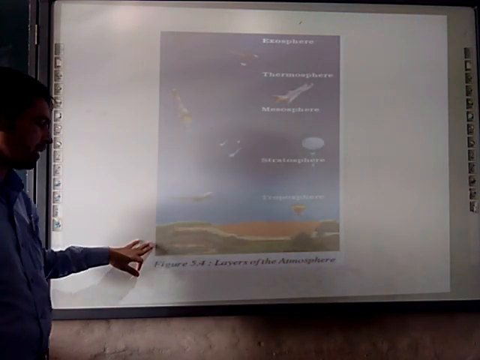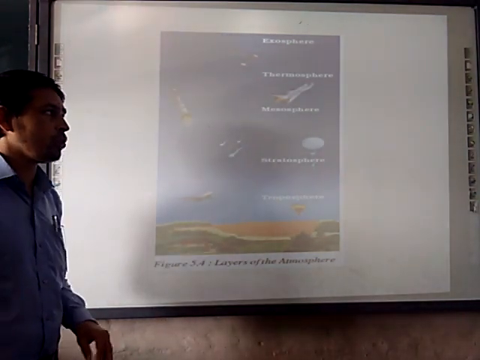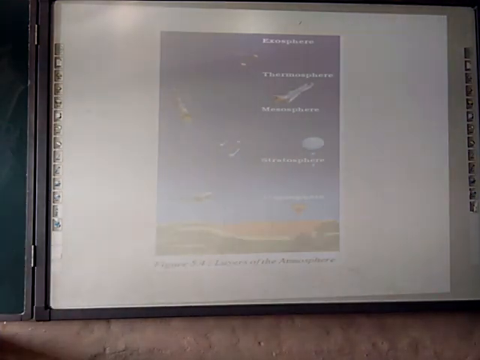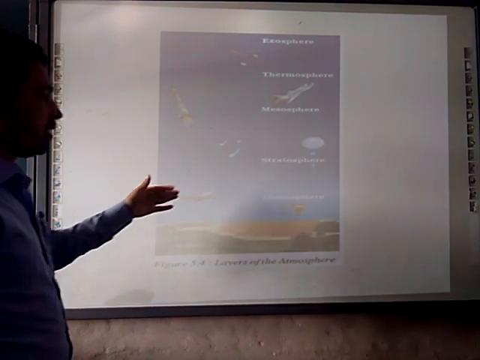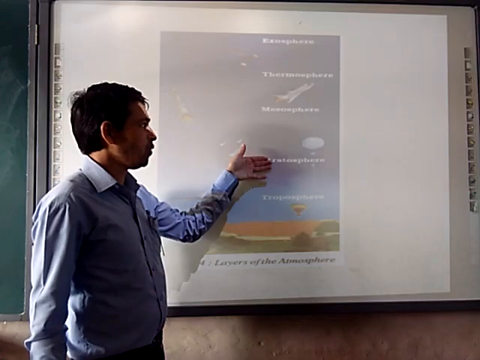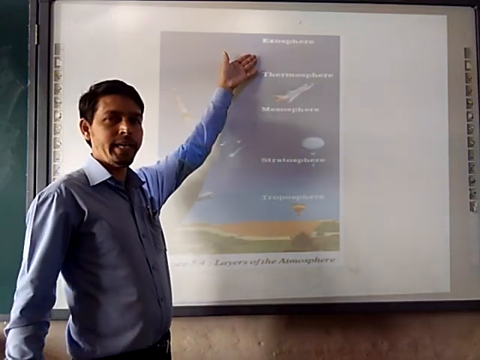In this diagram, we are seeing the layers of the atmosphere. So please observe very carefully where the troposphere, stratosphere, mesosphere, thermosphere, and exosphere are. Tropo, strato, meso, thermo, and exo.